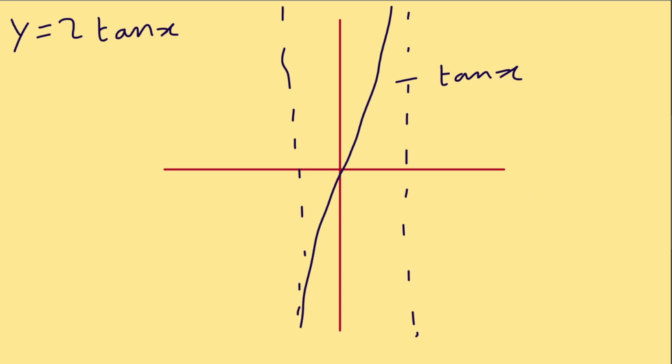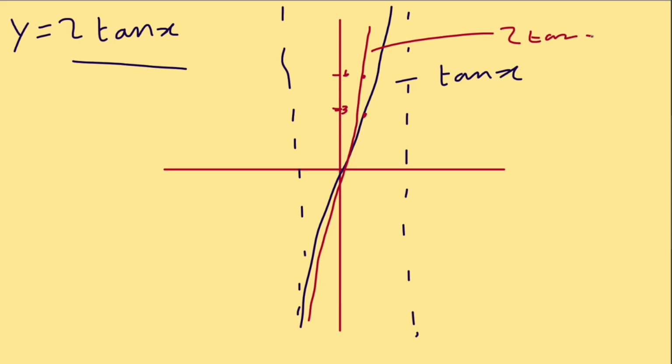Okay, we'll keep it. 2 tan x would end up just being the same as tan x, but you double every single y coordinate. So let's say this is like y equals 3, then 2 tan x at this point would be y equals 6. So we basically just made it skinnier. This red one is 2 tan x.